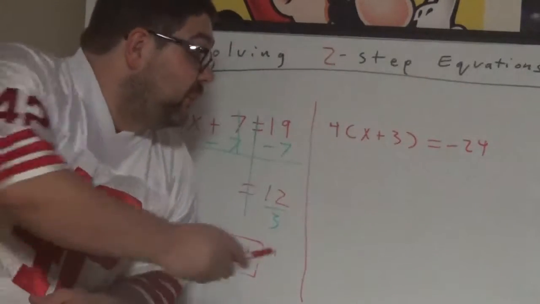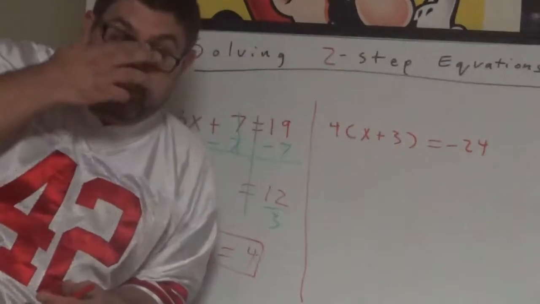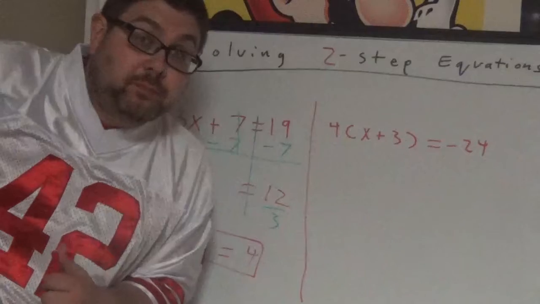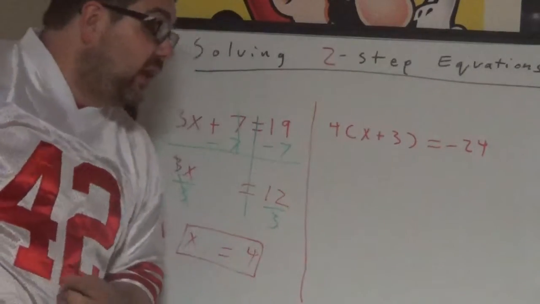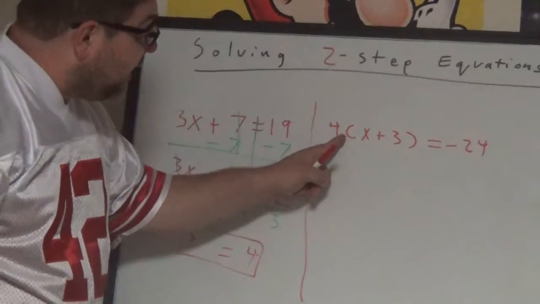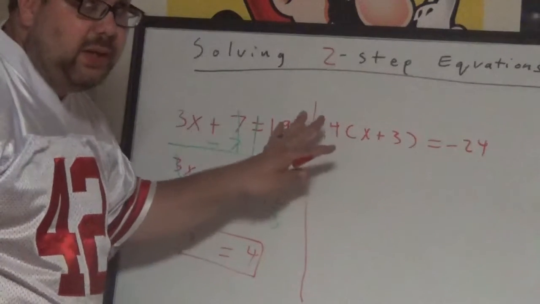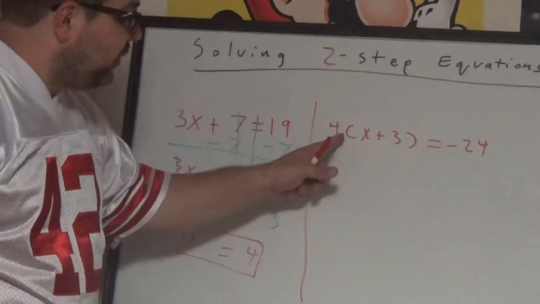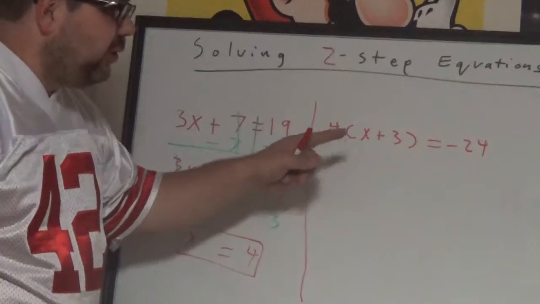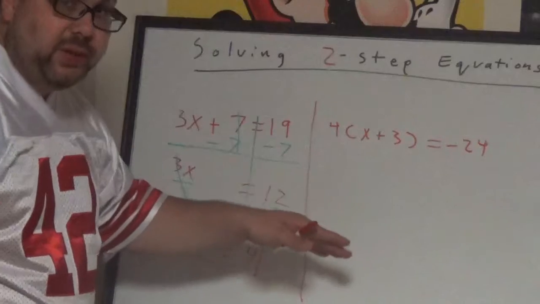I've got another two-step equation here. Now, there are two ways you could do this. First of all, we have a number next to parentheses with nothing in between it. Hopefully you recognize that also as multiplication.